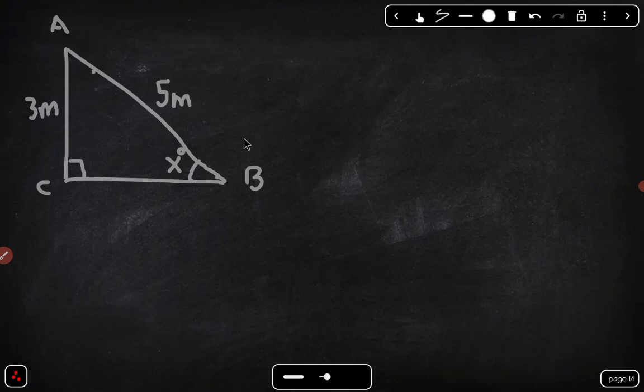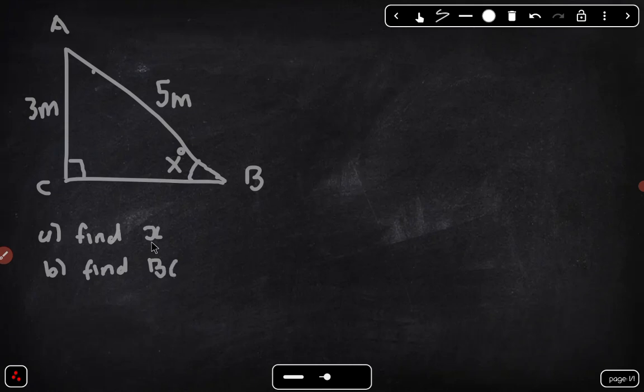Then question A says find x. Question B says find BC.